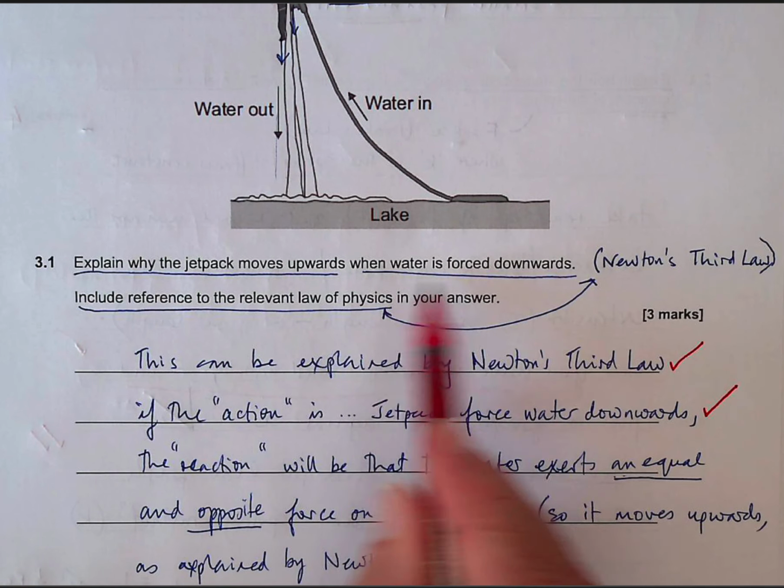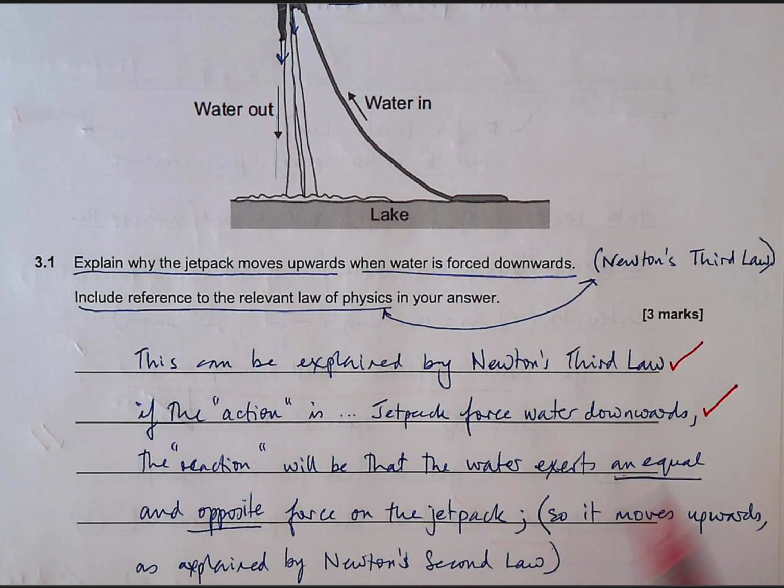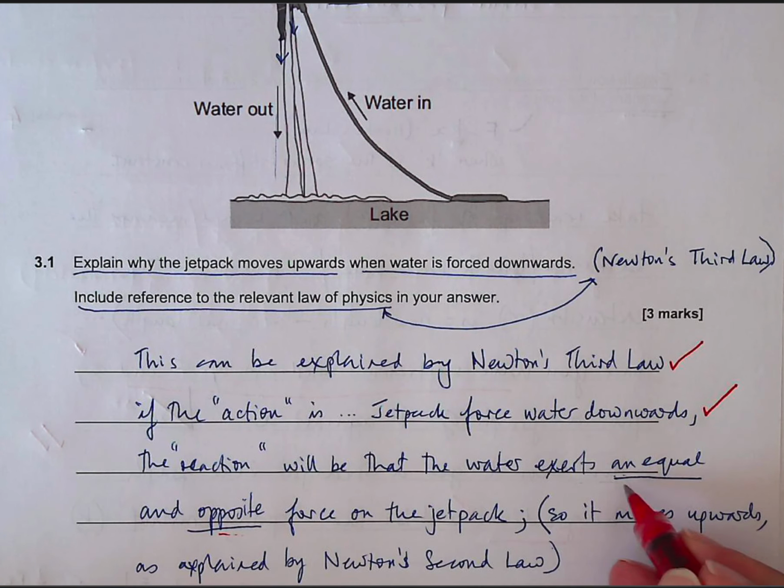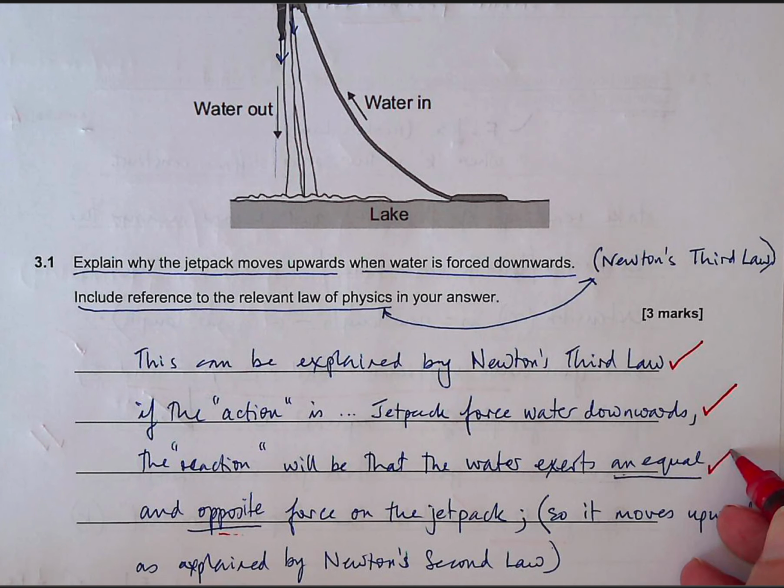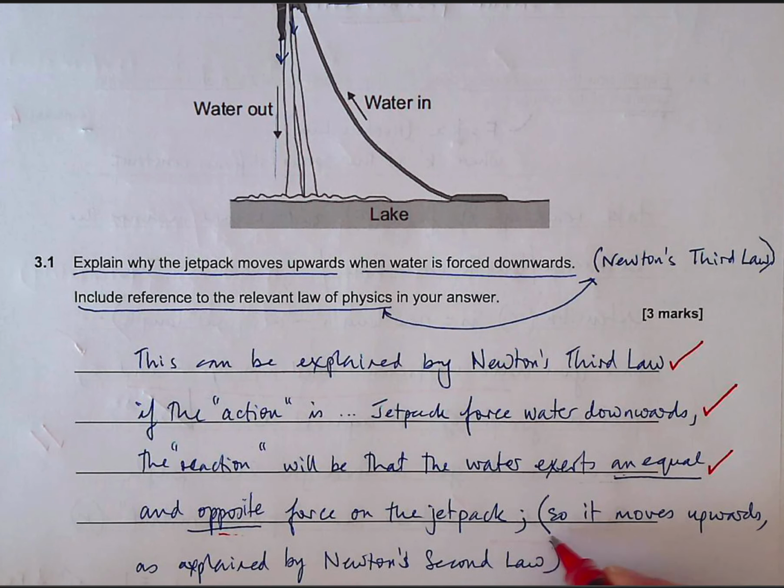But the water is forced downwards is already in the answer, so I think that's a bit generous to give that second mark. The reaction will be, every action has an equal and opposite reaction, that the water then exerts an equal and opposite force on the jetpack. Equal and opposite, so it's magnitude and direction, force on the jetpack.